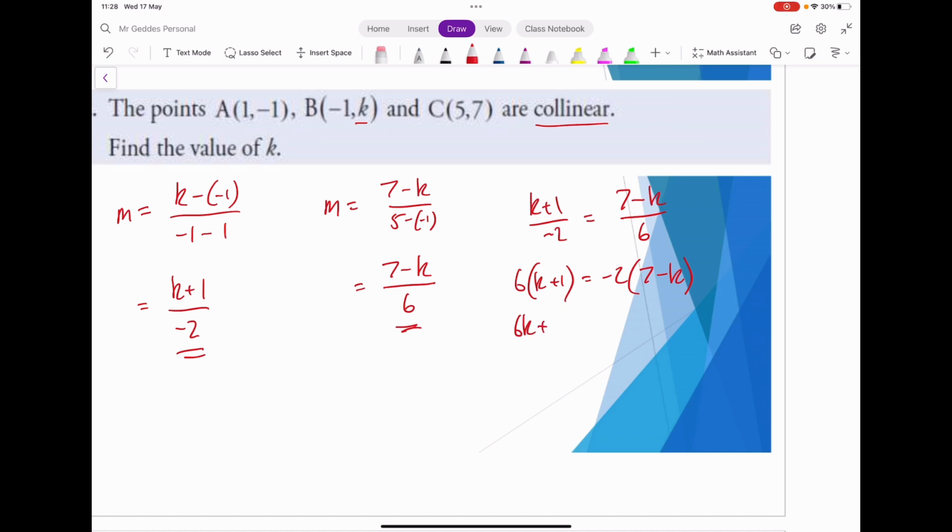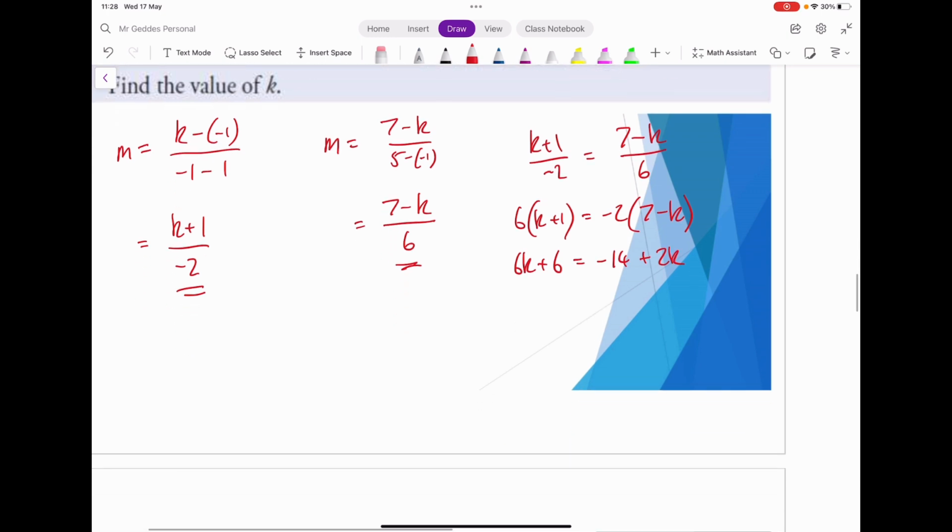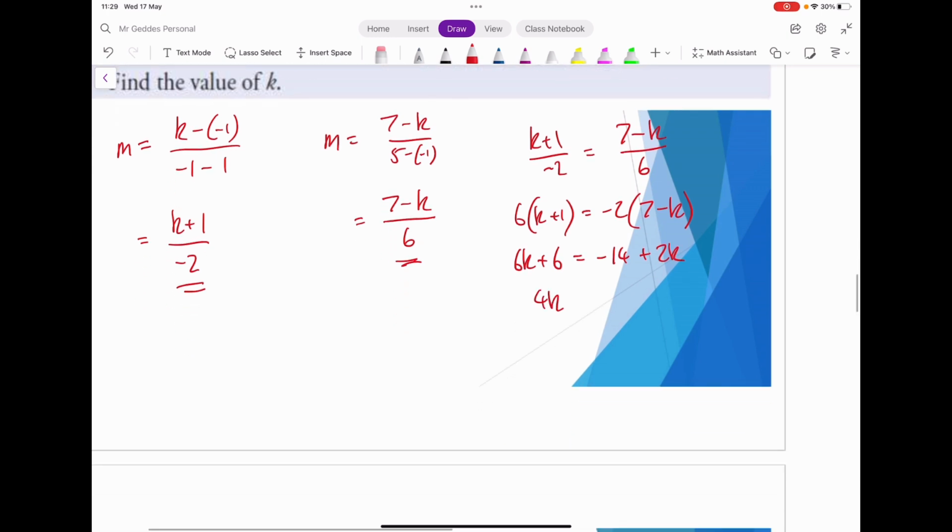That's going to give us 6k plus 6 equals negative 14 plus 2k. And if we rearrange that, we'll get 4k equals negative 20. We get k equals negative 20 divided by 4. So k equals negative 5.